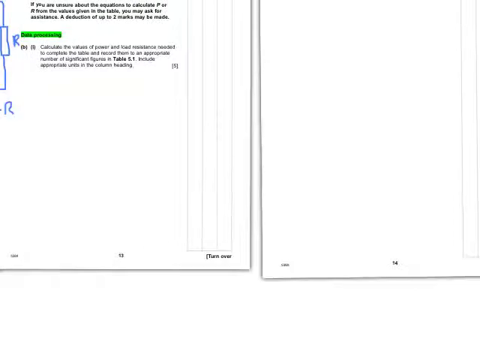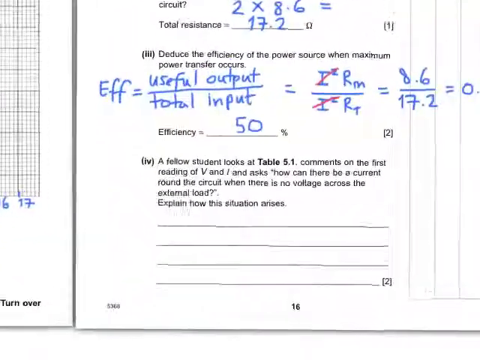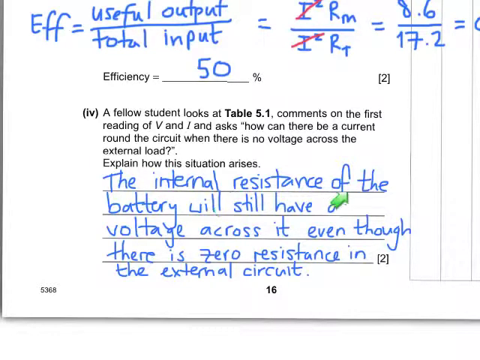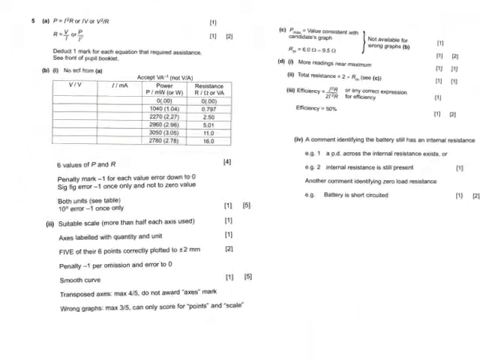So let's move back to the question and put our answer in here. The internal resistance of the battery will still have a voltage across it, even though there is zero resistance in the external circuit. Okay, and as always, just to finish with, there is our mark scheme.